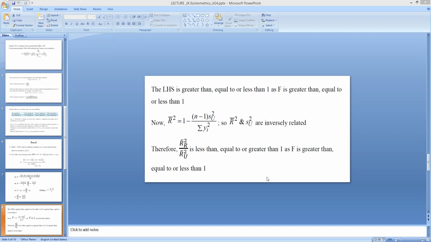If F is less than 1, we can conclude, then go for the restricted model, that is, drop the explanatory variable which you are finding insignificant. For the other two cases, in the first case, clearly the unrestricted model is better, so you have to continue with all explanatory variables.